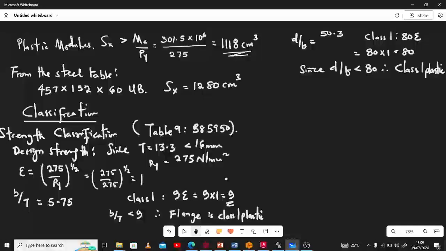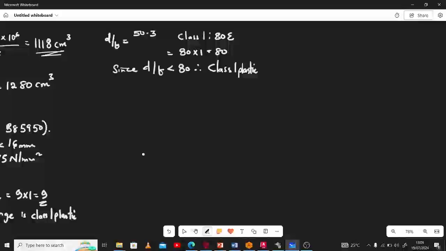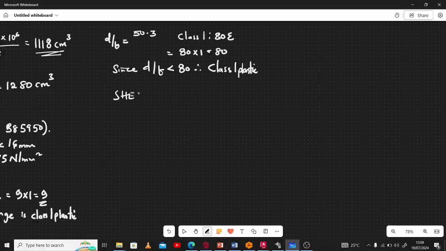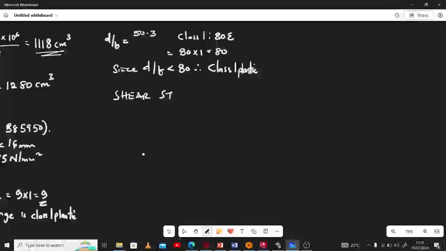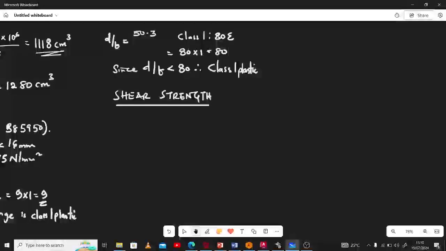The next thing we want to do is to determine the shear strength of the beam. To do this, I'll just need to introduce you to a clause in the code, and that clause would be clause 4.2.3.